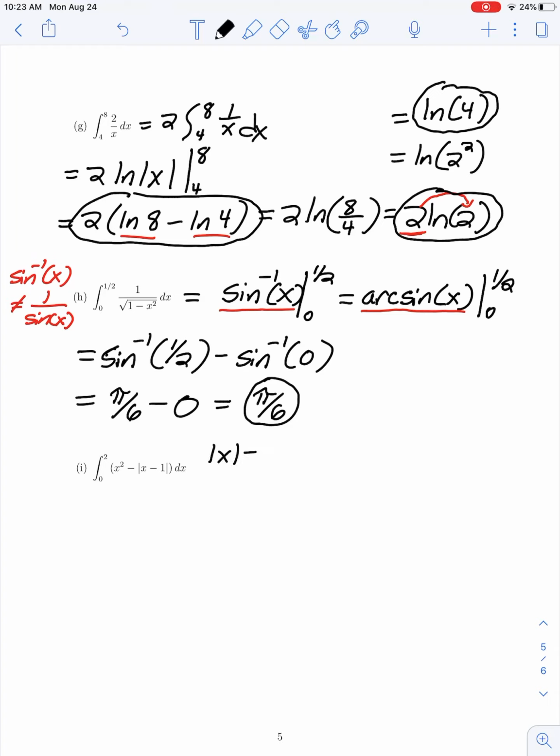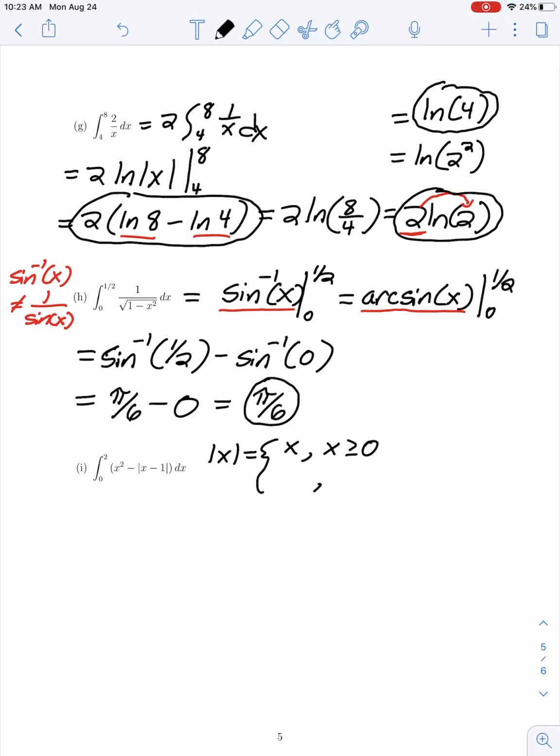Remember that the absolute value function, absolute value of x, is actually piecewise, and it's defined as x as long as the value of x is non-negative. So if you're taking the absolute value of some number which is greater than or equal to 0, the absolute value is just the number itself. For instance, the absolute value of 3 is simply 3.